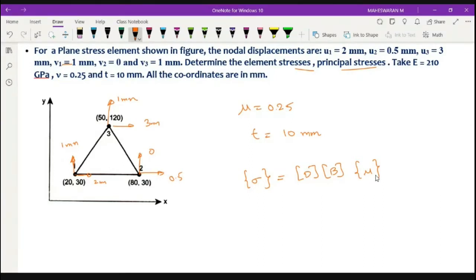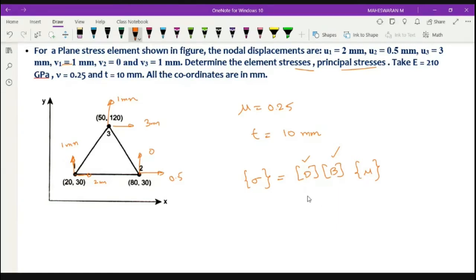To apply this formula, I have to identify two data: what is your D matrix and what is your B matrix. So let us identify the U matrix. The U matrix we already know actually.